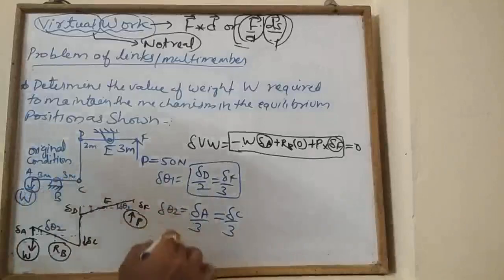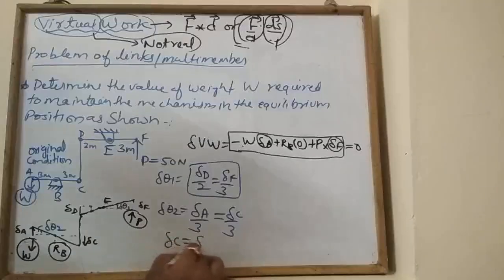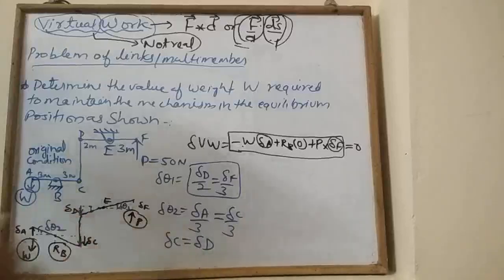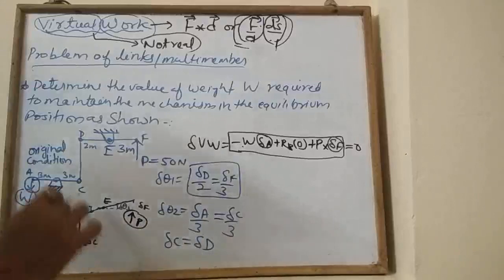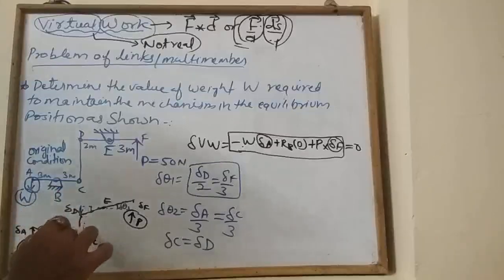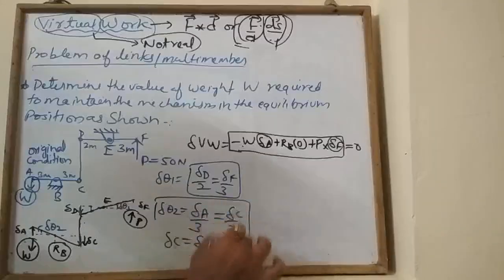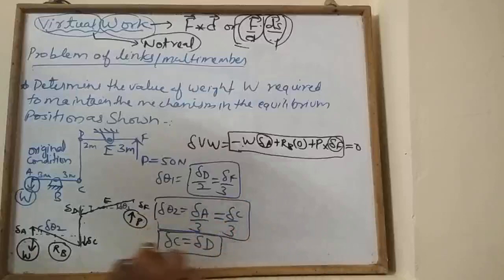And one more thing, delta C equals delta D, because this amount and this amount will be equal, as there is no change in length of this member. So delta D and delta C will be the same. So we have this equation also.